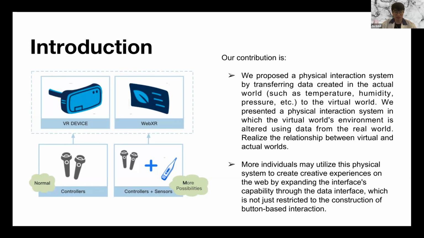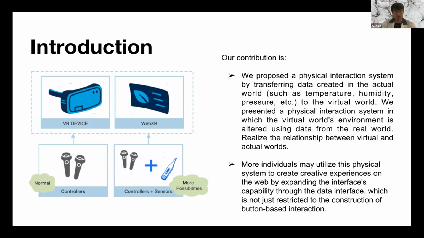So more individually, my utility is the physical system to create a creative experience, especially in art experience, contemporary art experience on the web, by expanding the interface's capability through the data interface, which is not just restricted to the construction of button-based interaction.